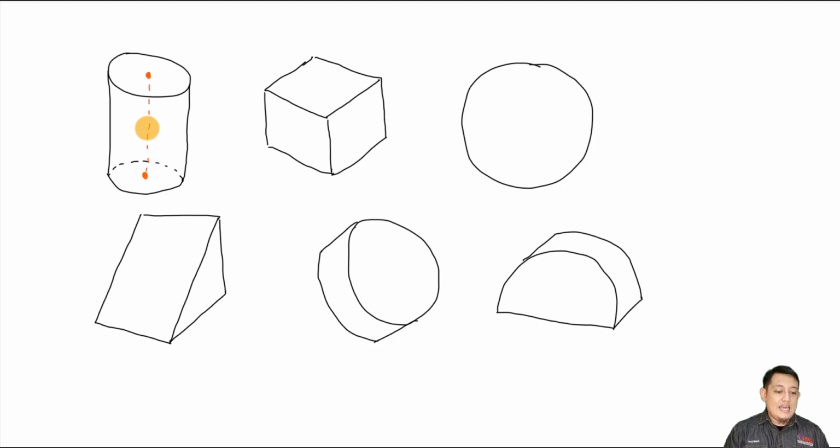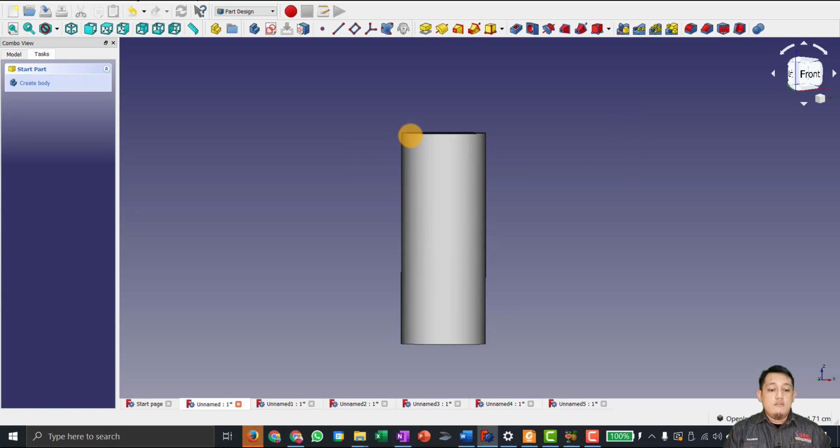To know the exact location of this centroid, we must refer to the side view, which is this one here. From the side view, this becomes a rectangle. For a rectangle, we also know that the location of the centroid should be at the center of the rectangle.